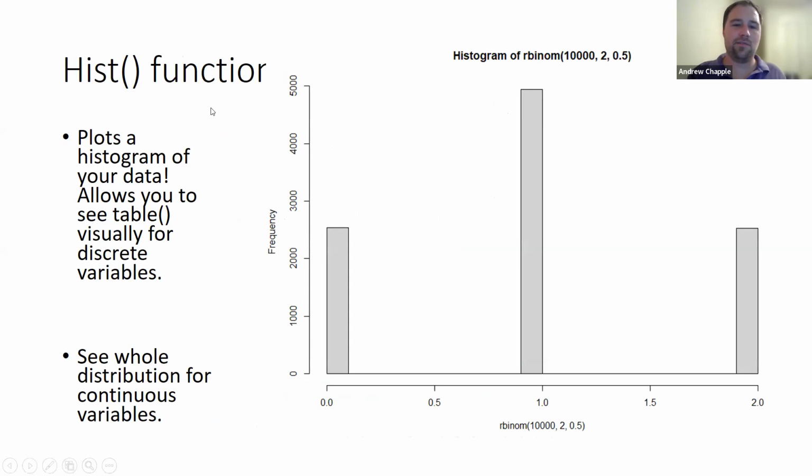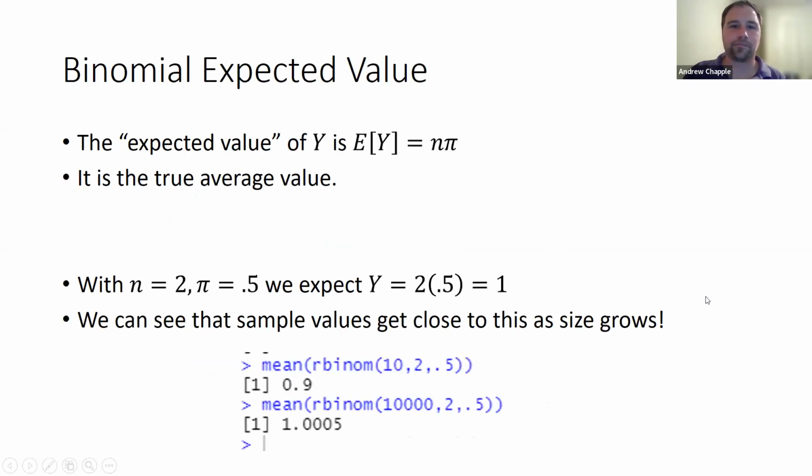I can also use the hist function. So hist here can plot it. I can say hist of our binom, and it'll show me the number of times I saw a 0, the number of times I saw a 1, and the number of times I saw a 2. My binomial expected value is n times pi. What is that?